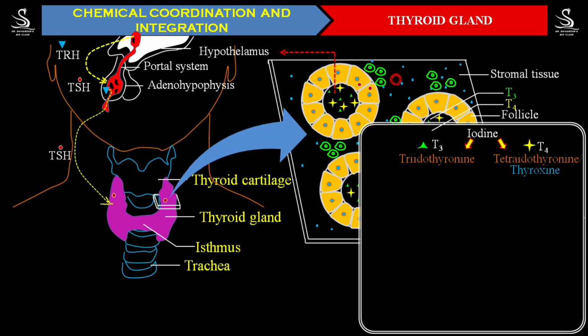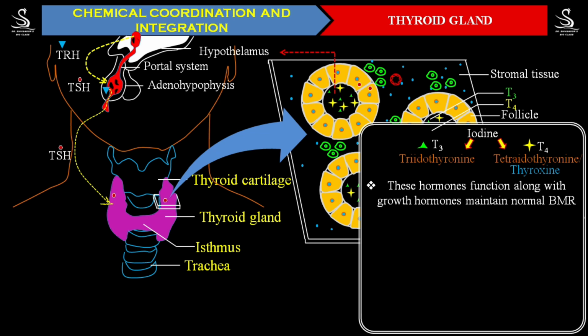Then what is the role of both these hormones? These hormones function along with growth hormone for the maintenance of the normal body metabolic rate. Now the question is, sir, what is the function of growth hormone? Growth hormone is the one which helps us to grow. Then, sir, do you mean that even the T3 and T4 hormones help us to grow?